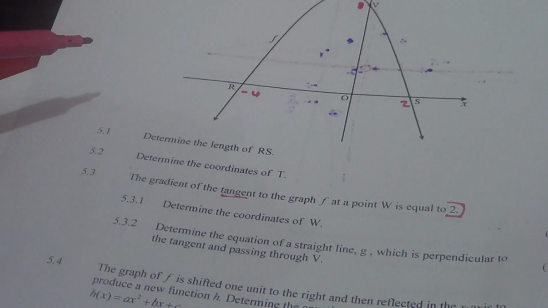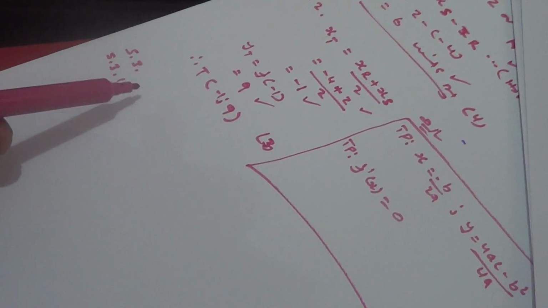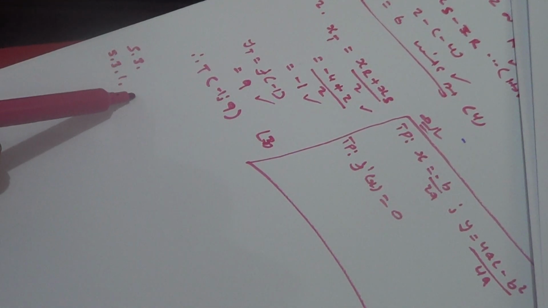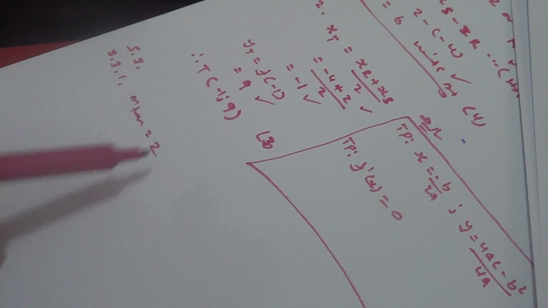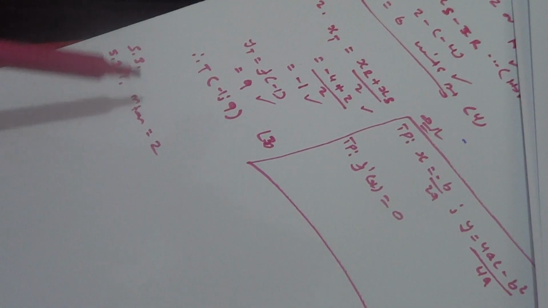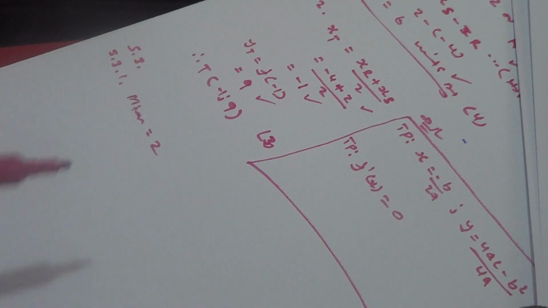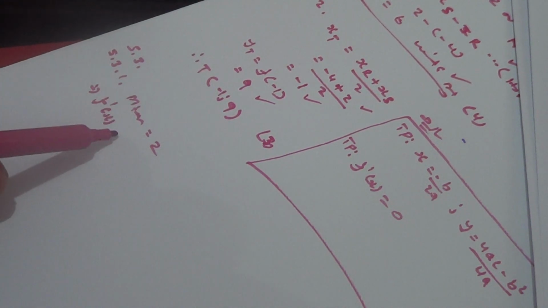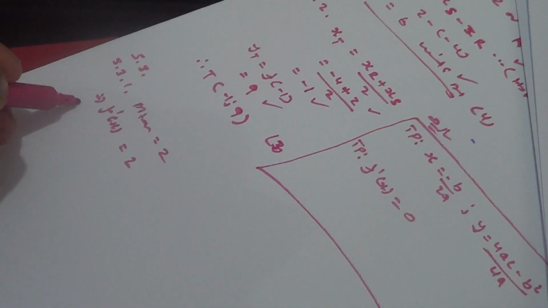So it says determine the coordinates of W. So we know that when the gradient of a tangent, so we said here m = 2. Remember that gradient of a tangent at a point is the same as the gradient of a curve at the point. So this implies that the first derivative is equal to 2. That's what it means.